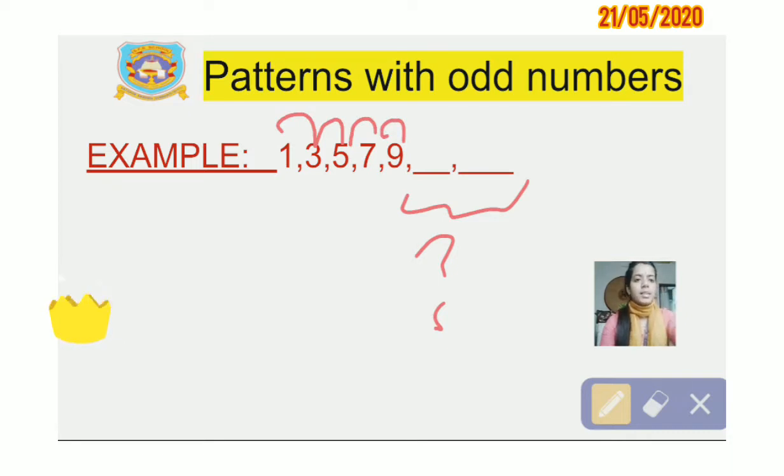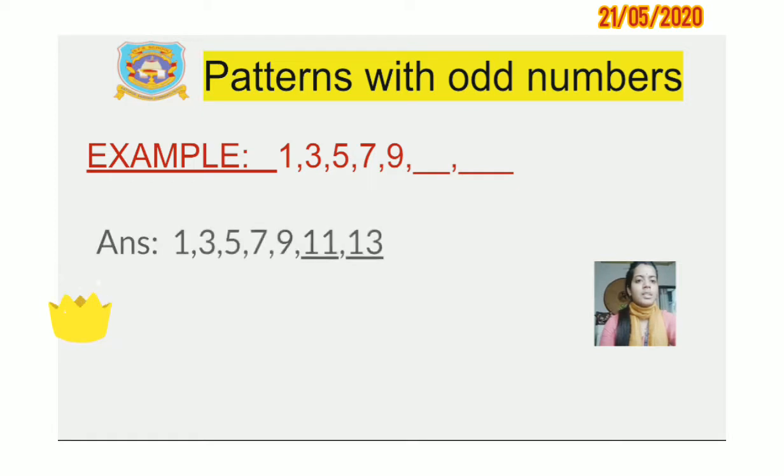Alright, this pattern has numbers increasing by 2. Okay, so the next terms of the pattern are 9 plus 2, 11, 11 plus 2, 13. So the rule of this pattern is adding 2. Alright, dear students, so therefore the pattern is 1, 3, 5, 7, 9, 11, 13.